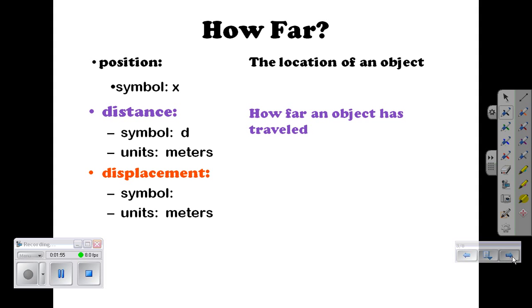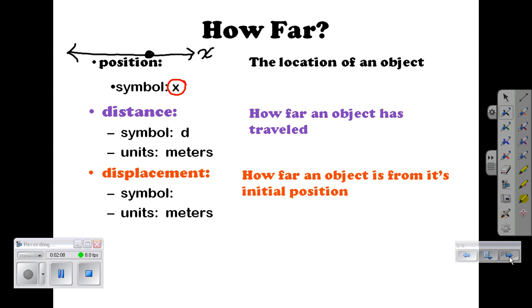First, the definition for distance. How far an object has traveled. Displacement, however, is how far an object is from its initial position.